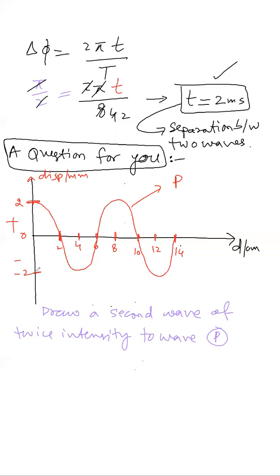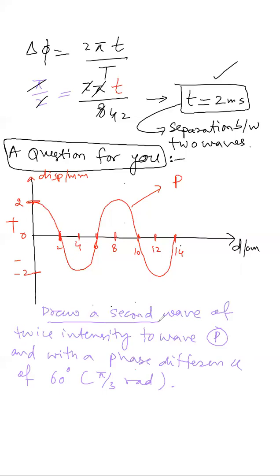So draw a second wave of twice intensity to wave P, and with a phase difference of 60 degree or pi by 3 radian. So you have to draw a second wave. Now what you have to do is pause the video and solve the question.